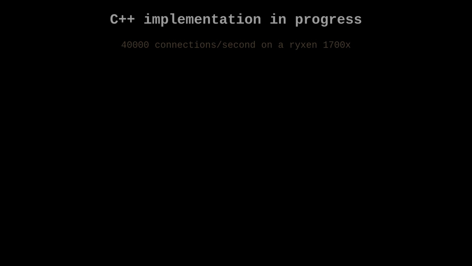Now, that's not serving any real web page, just about 2 kilobytes of static web page. But the point here is that your limitation is not going to be the proxy itself. It's going to be whatever web server is behind it.